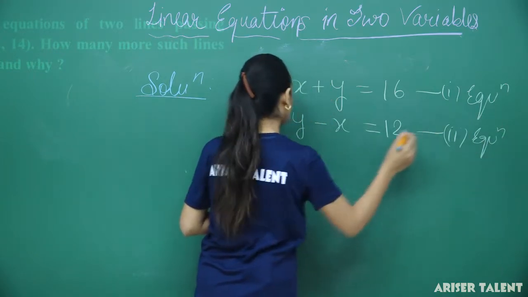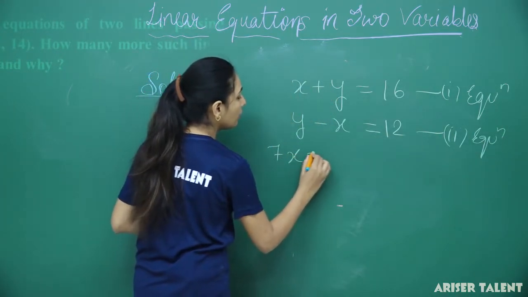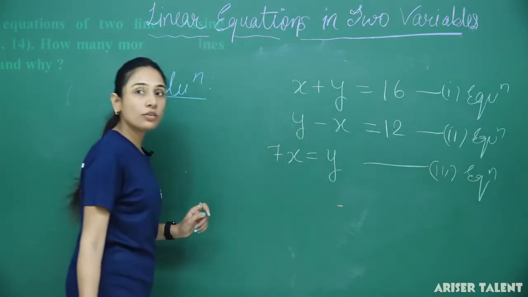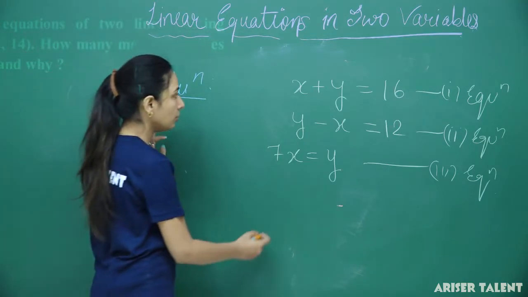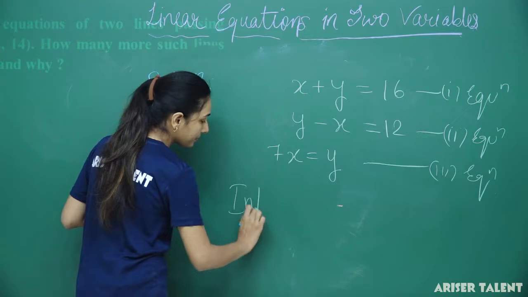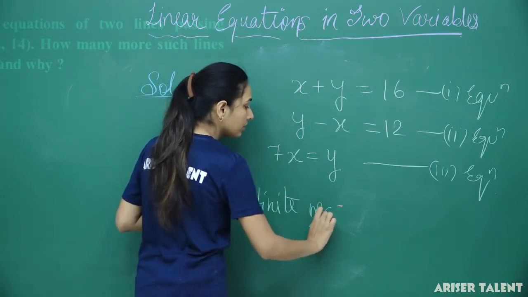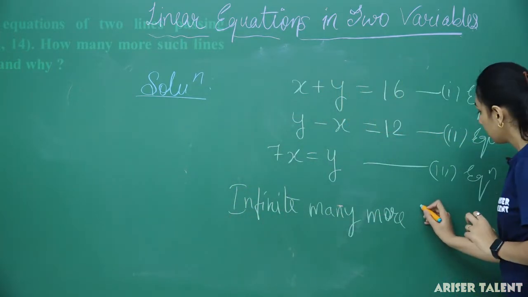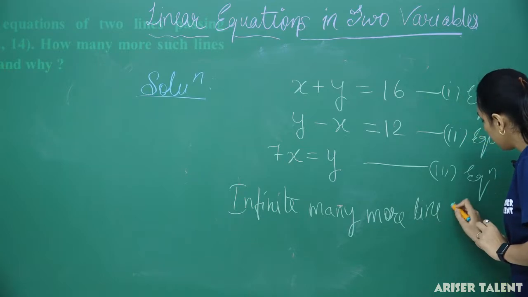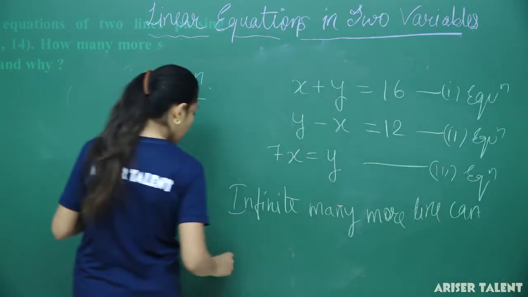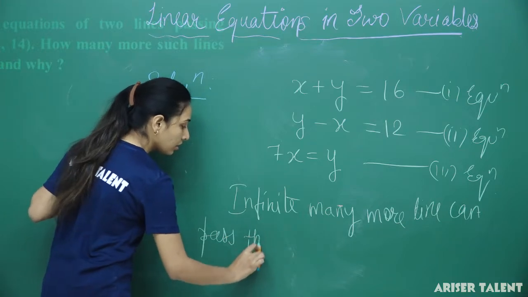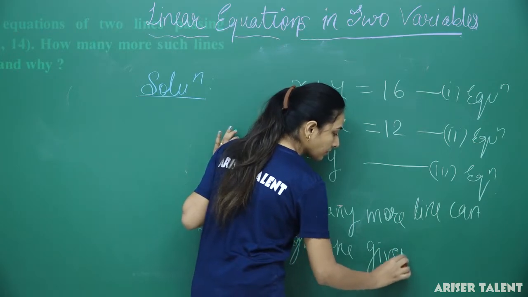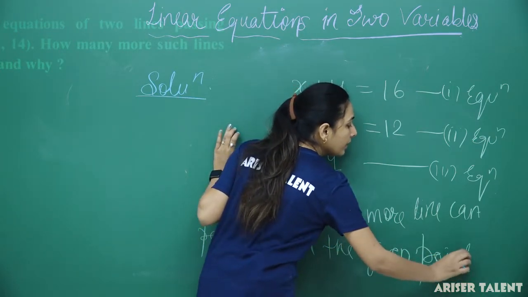In extra you can say that 7x equals y is the third equation. And the answer to the remaining question is infinitely many more equations or lines can pass through the given point. Okay, so this is the answer.